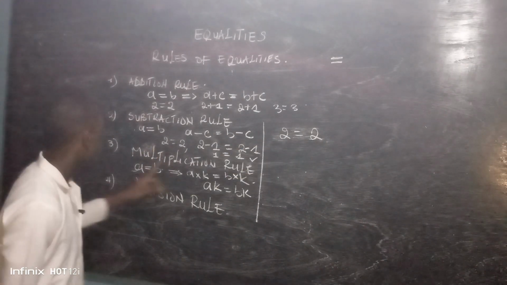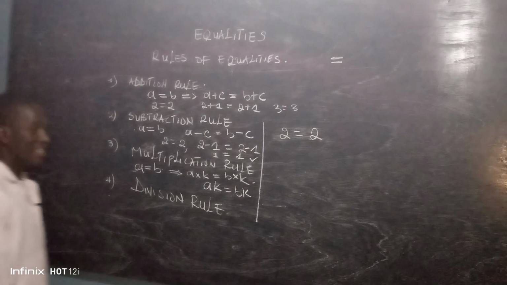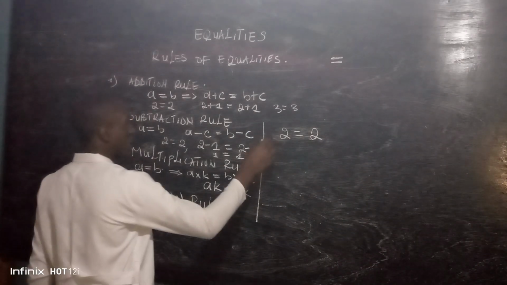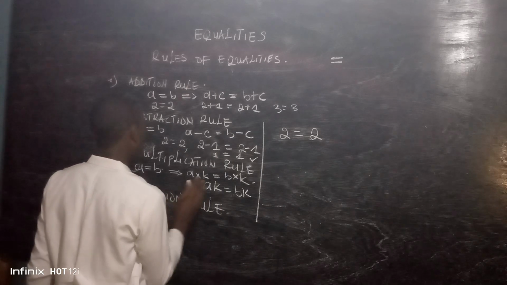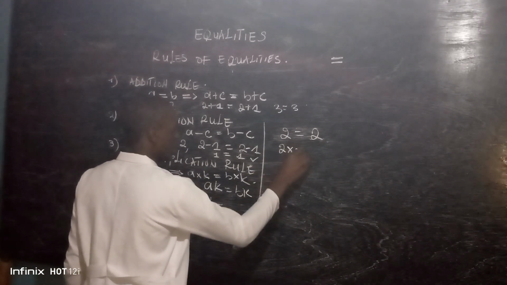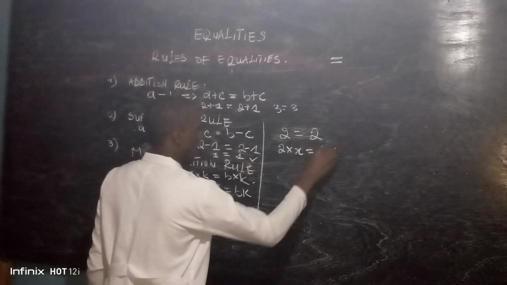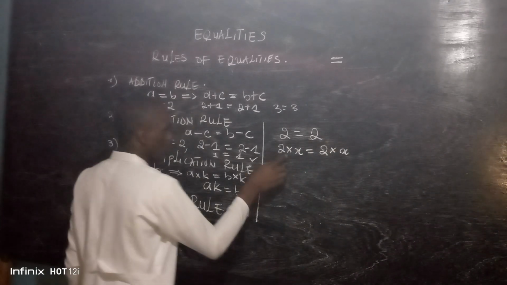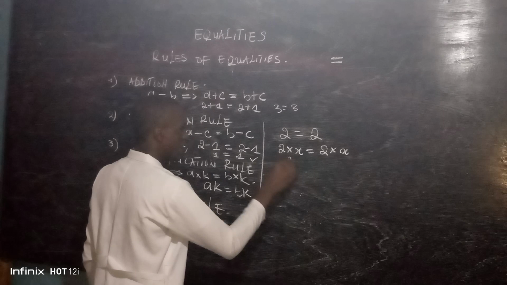That's what the multiplication rule of equality is saying. So if I multiply x on both sides of the equation, I'll have 2 times x equals 2 times x.